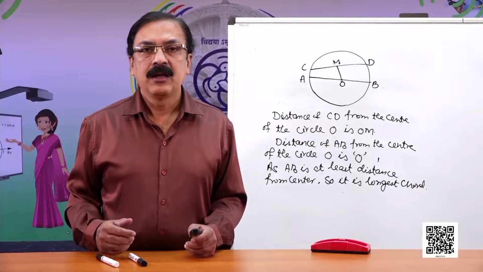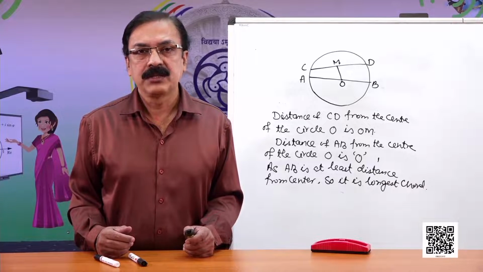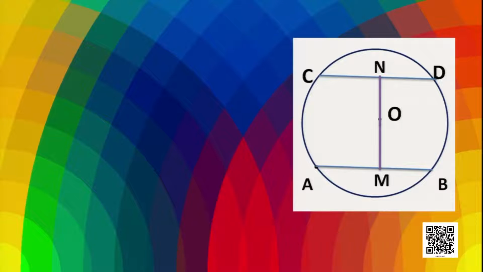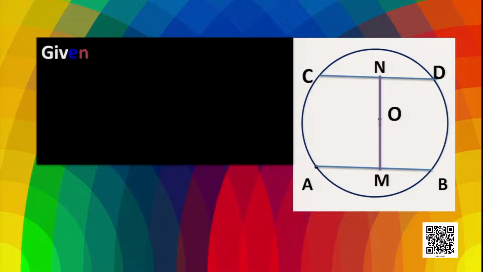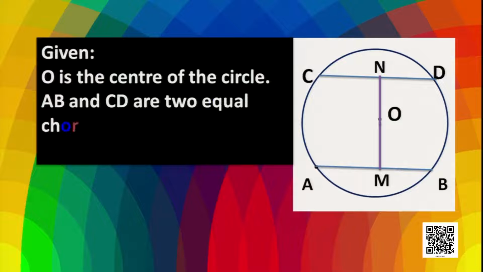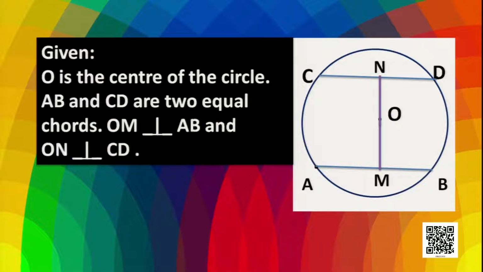So here, what is the figure for this theorem? Here we have two chords AB and CD with center O, and OM, ON are the perpendicular distances from the center. So we can say that here it is given O is the center of the circle, AB and CD are two equal chords, OM is perpendicular to AB and ON is perpendicular to CD.